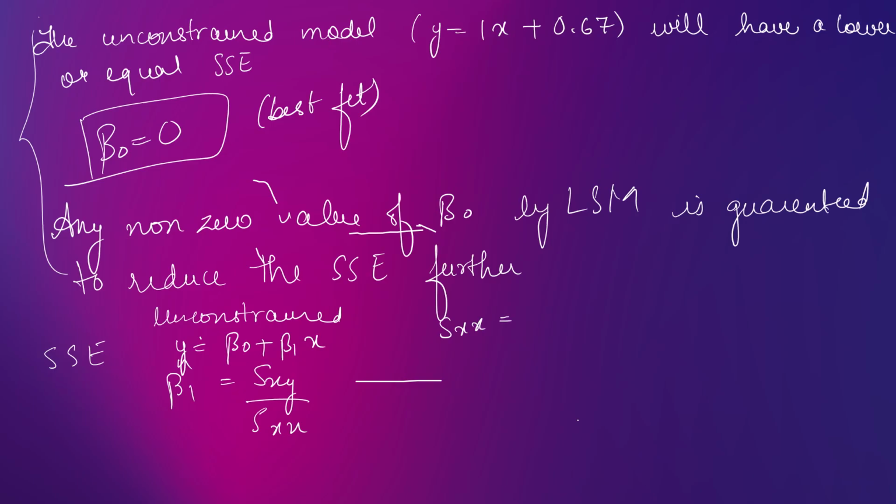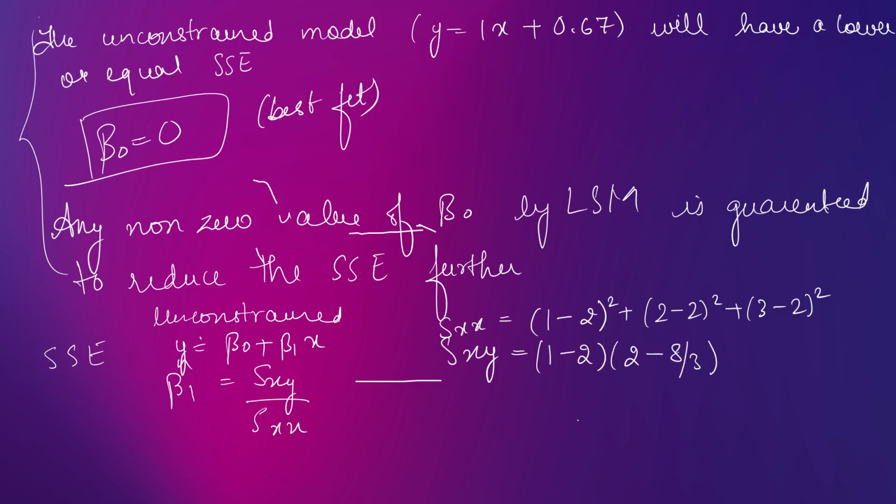When we calculate Sxx, we calculate its difference with respect to the mean. Every value minus mean whole square, second value minus mean whole square, plus third value minus mean whole square. Similarly, when we calculate Sxy, 1 minus x bar, 2 minus y bar, then 2 minus x bar, 2 minus 8 by 3.